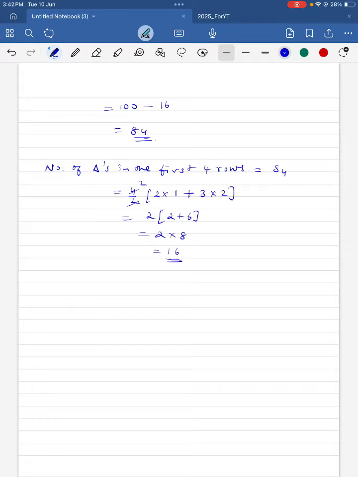So the required number of triangles is equal to 84 minus 16, which is equal to 68.